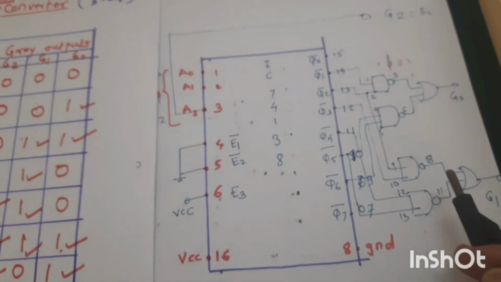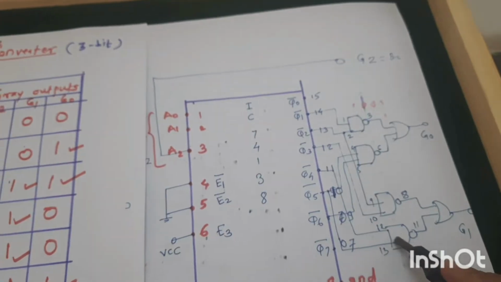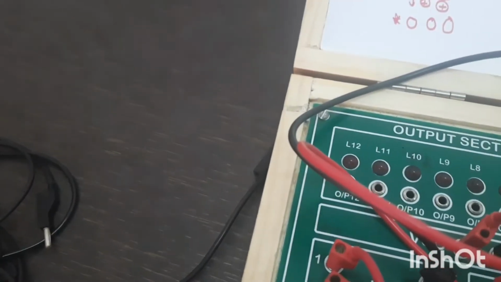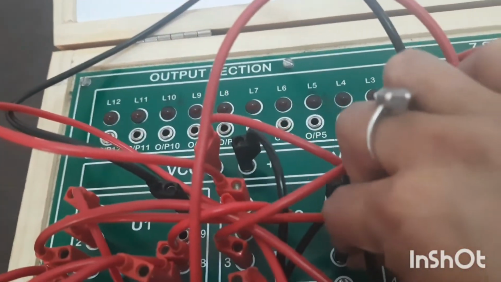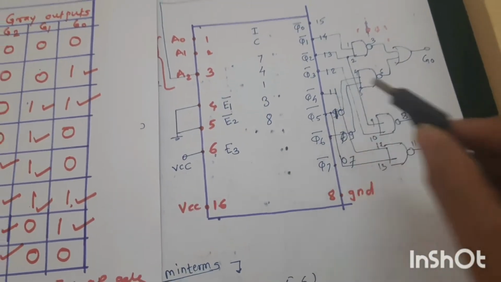Okay, now the last NAND gate. Pin number 11 of the first IC 74138 connects to pin number 12 here. Now pin number 13 is connected to pin number 10.